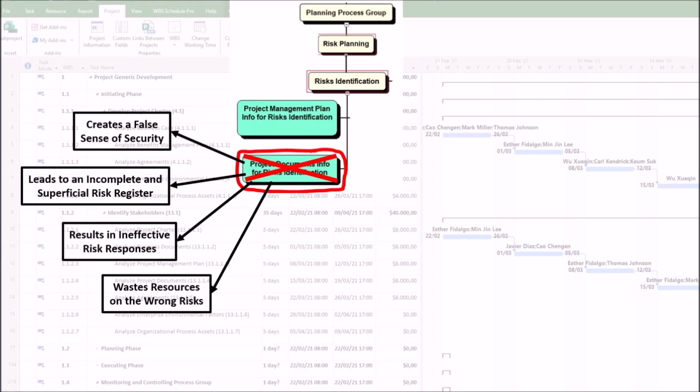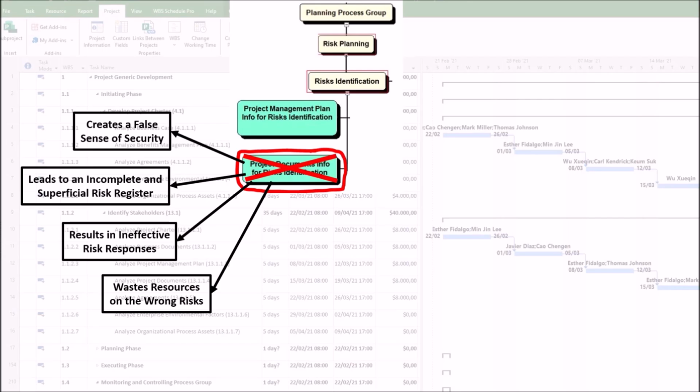4. It wastes resources on the wrong risks. Conversely, the team might focus its limited time and budget on mitigating risks that are unlikely or low impact, while high-impact risks go unnoticed. This is a direct result of not having the specific data from project documents to properly assess probability and impact.